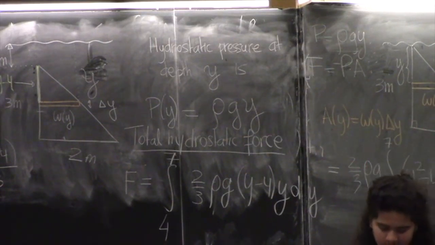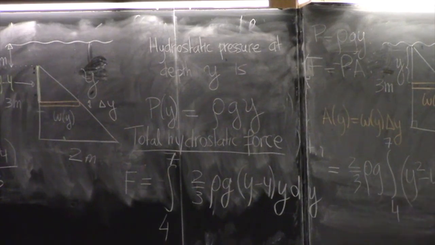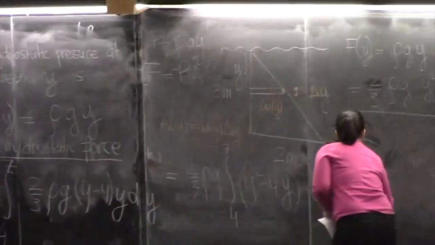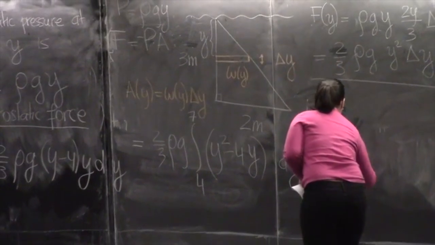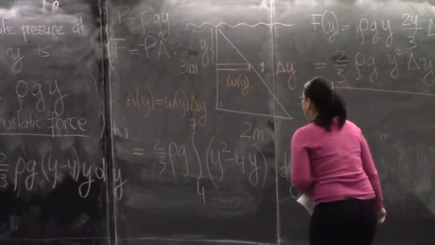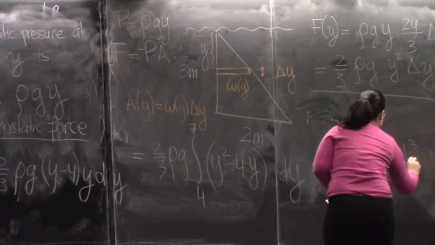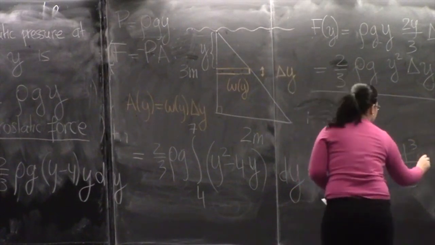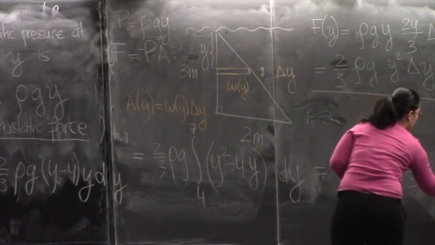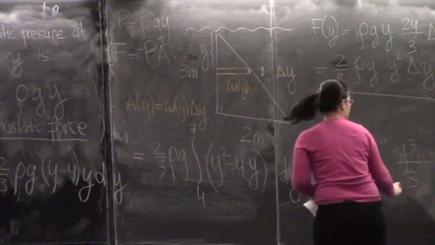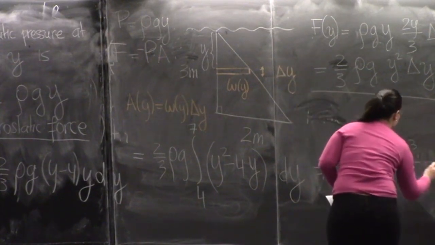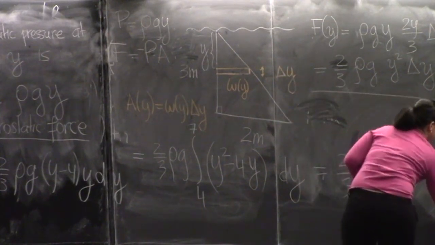And the integral poses no problem as before, so this is just going to be 2 over 3 rho g times y cubed over 3 minus 4y squared over 2, so minus 2y squared, evaluated between 4 and 7.